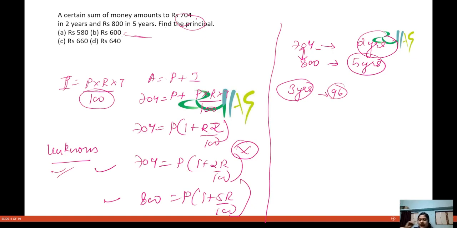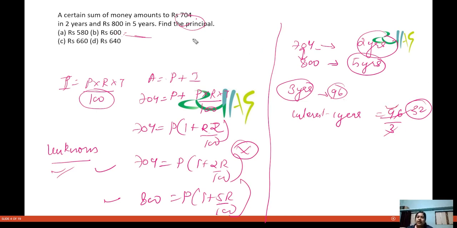So interest for 1 year is 96 divided by 3, because simple interest is the same each year. We are not counting interest on interest. So we have 32.